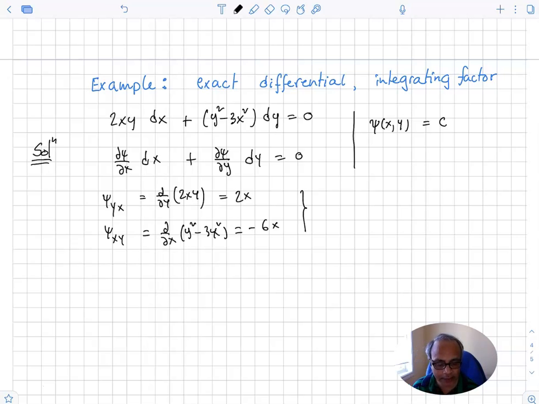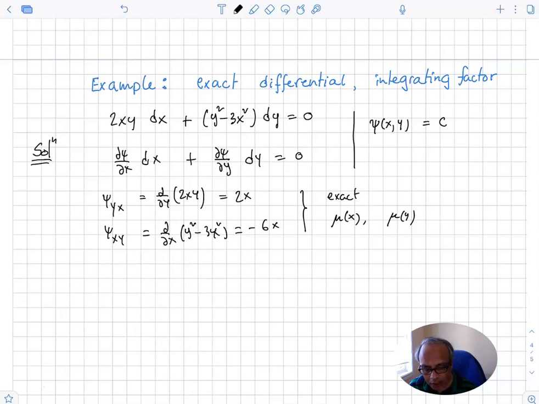It tells you that the equation is not exact, and you need to find an integrating factor. So you look for an integrating factor mu, and it could be a function of x or it could be a function of y. We don't know that, but that will be understood once we work it out.